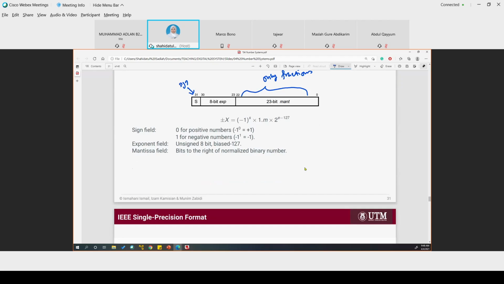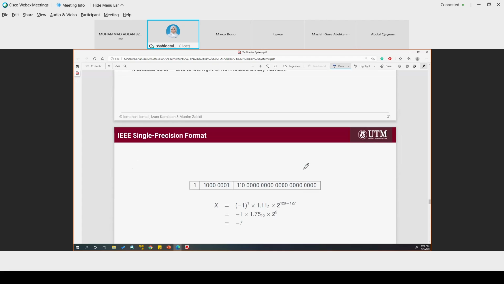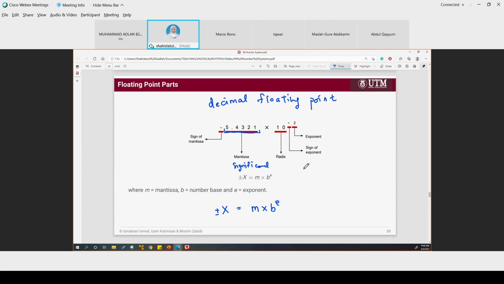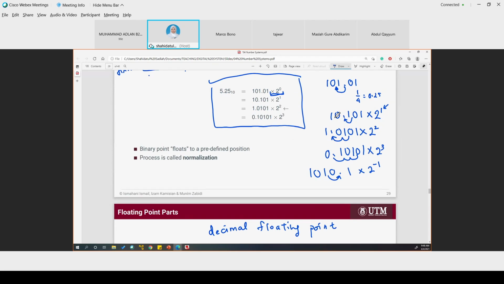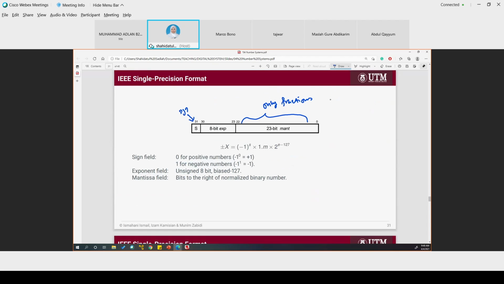Let's take the example of the simple one that we used just now, which is 0, 0, 1, 0, 1, 0, 1, 0, 1, 1, 0, 1, 0, 1. If you want to use the IEEE single precision format, we have to move this bit up to here. For the mantissa part, now we have 1.0101 times 2 to the power of 2.